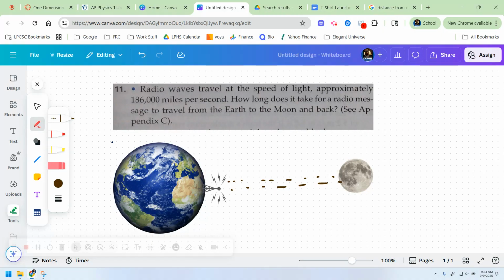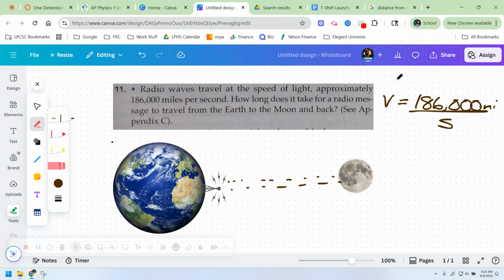And the velocity that it goes at is equal to 186,000 miles per second, which is really the speed of light.